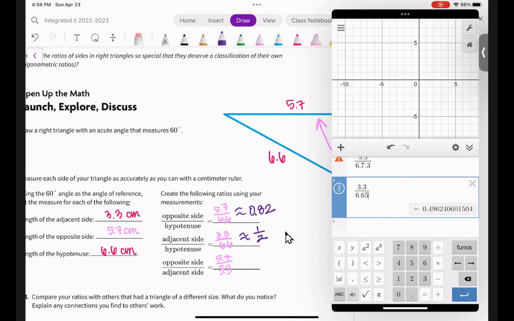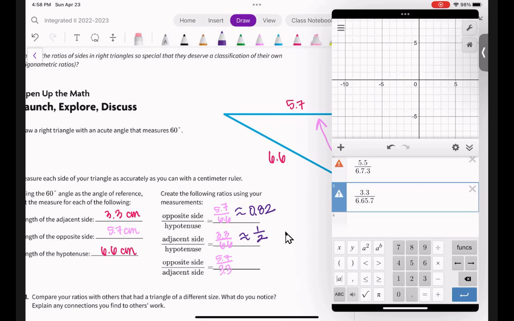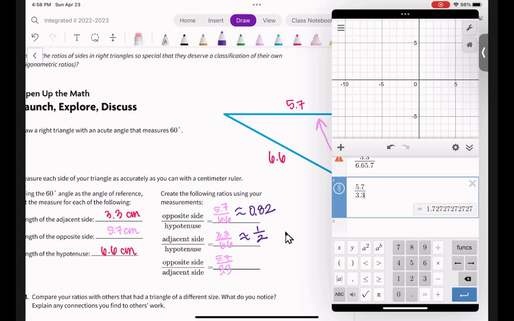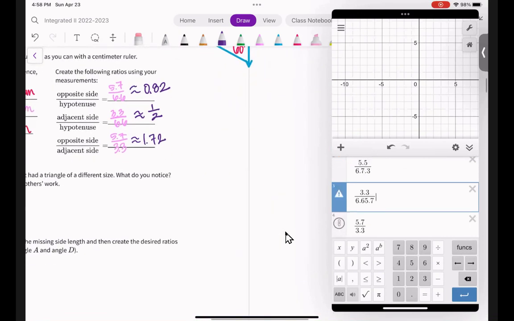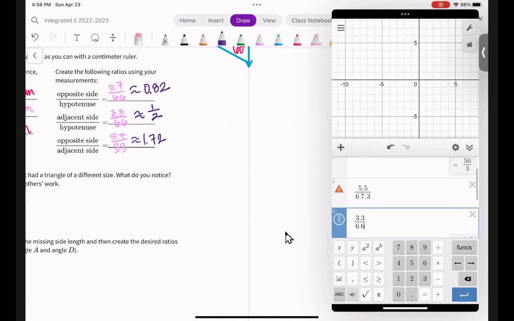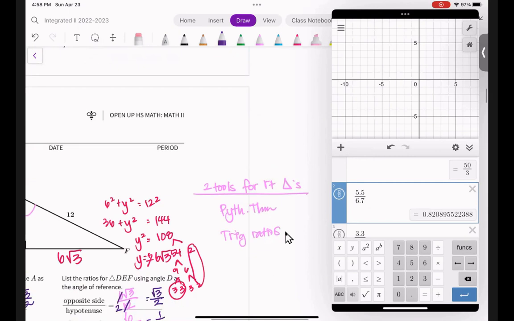Let's do the last one, 5.7 divided by 3.3. Oh, that's 1.7. And you're like, okay, Ms. Johnson, the only one that seems to match is that other one, right? And so what I want to do is I want to compare our answers to see if we compare those, right?